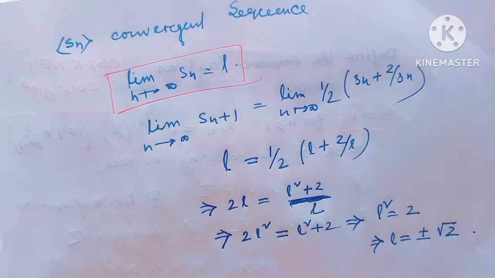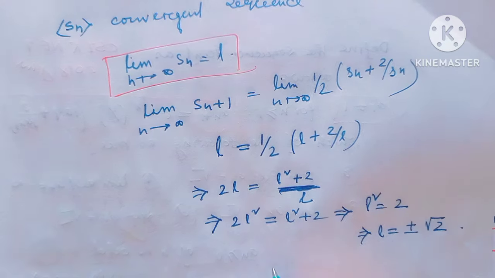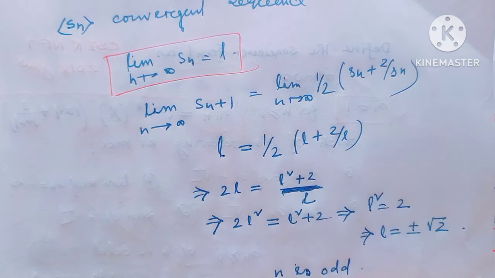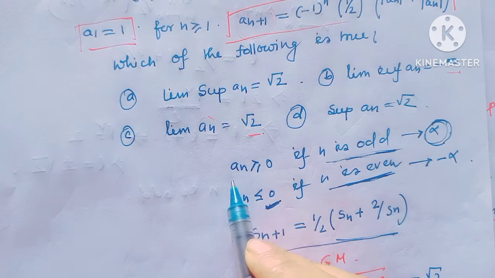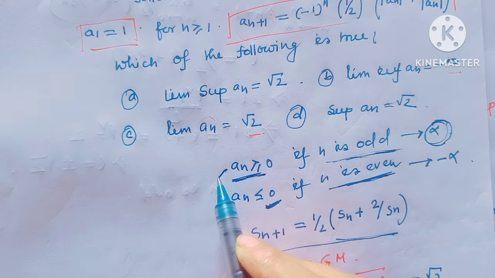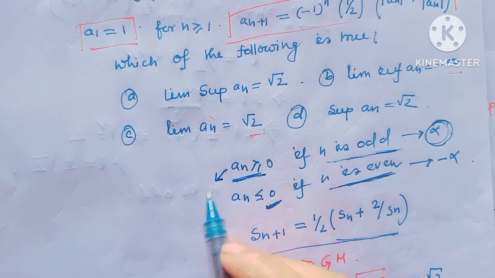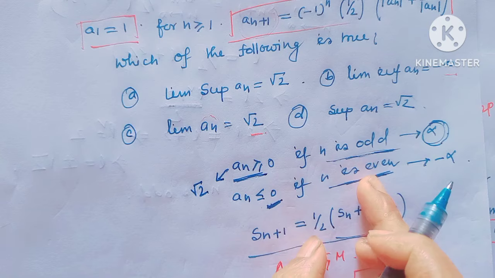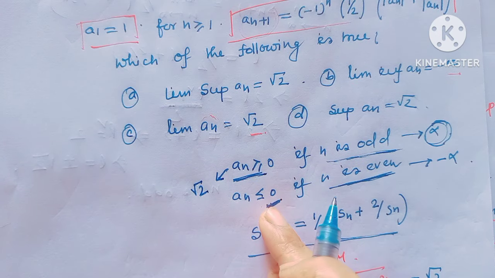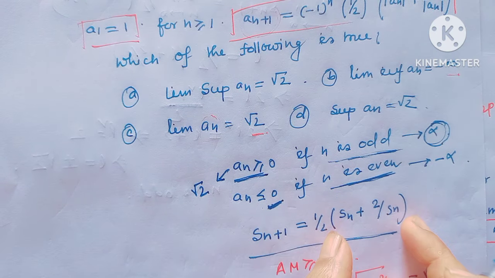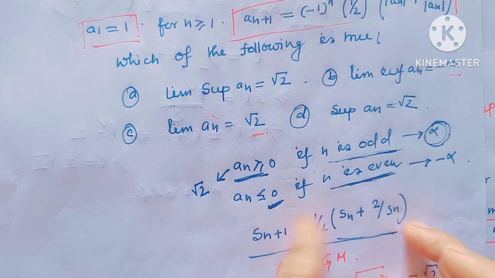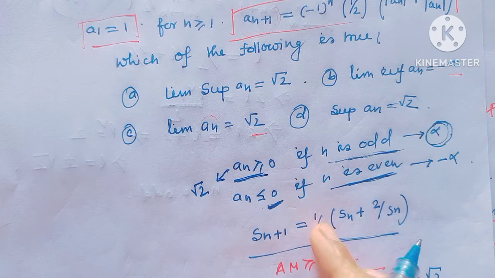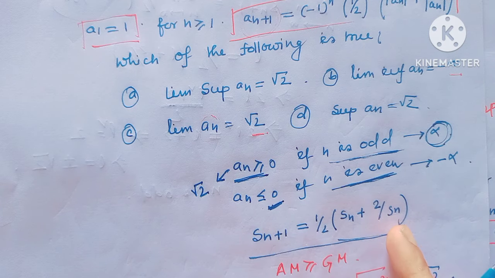That means the sequence has, when n is odd, then Sn is greater than or equal to 0. So when n is odd, the limit point of the sequence would be square root of 2, and when n is even, then an is less than or equal to 0. When an is less than or equal to 0, then this part would be minus half of Sn minus 2 over Sn.